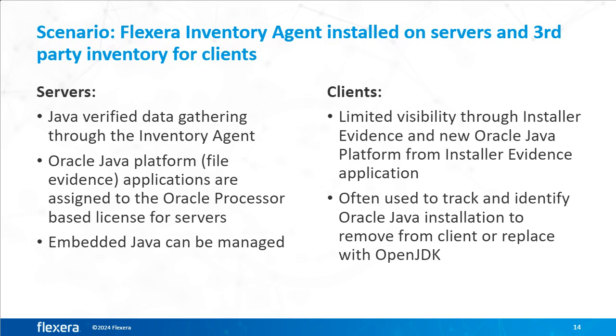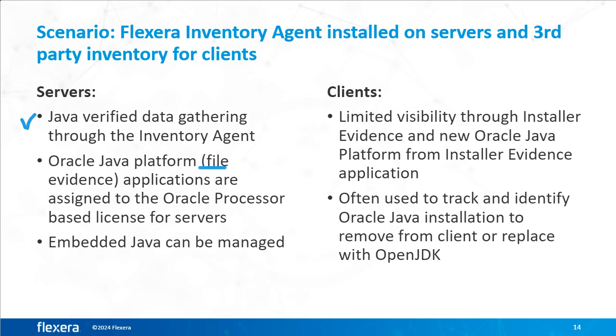For sure, Java servers. So we have the verified data gathering through the inventory agent. That's fine. We have it, okay? We see it in the Java worksheet. We can work. We have the file evidence, right?